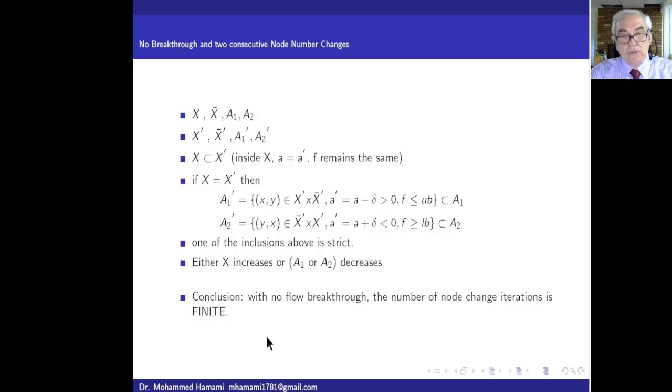So the conclusion is, with no flow breakthrough, the number of node change iterations is finite. Okay, so we showed that the flow change process cannot go on indefinitely, and the node number change process also cannot go on indefinitely. So therefore, the out-of-kilter algorithm converges in a finite number of iterations, provided that the input data is integer.